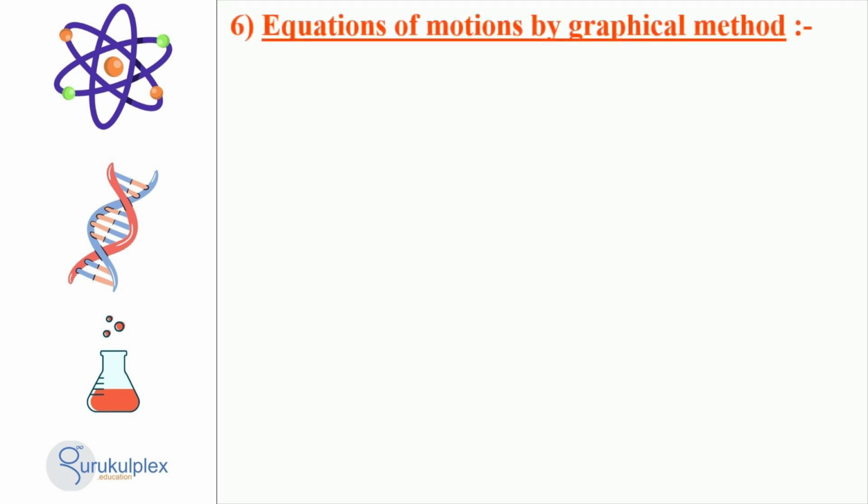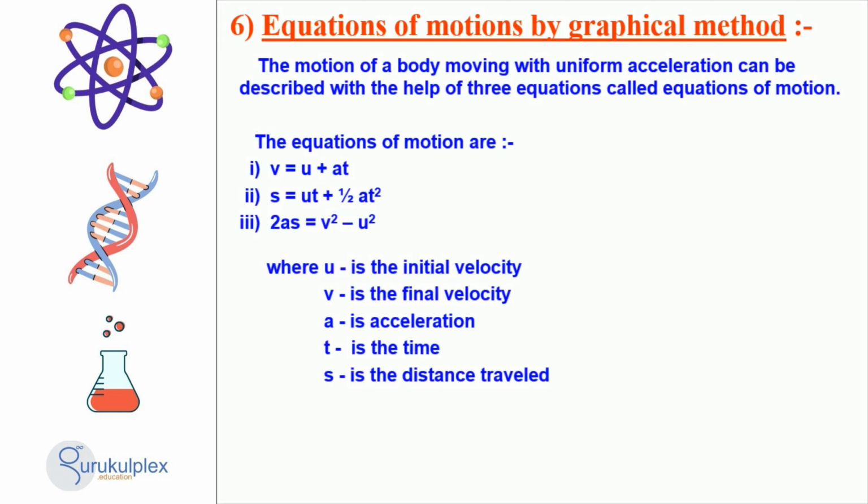The kinematic equations provide the basis for the equations of motion, which calculate the velocity, displacement and acceleration of a moving body. The first equation is v equals u plus at, expressing that the final velocity is equal to the initial velocity plus the acceleration multiplied by the time taken.